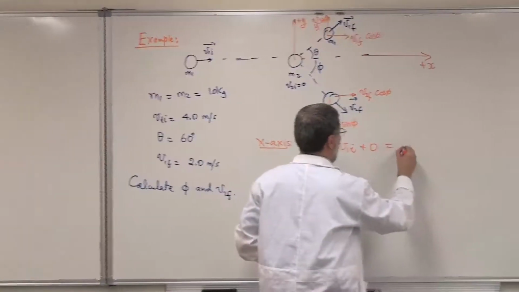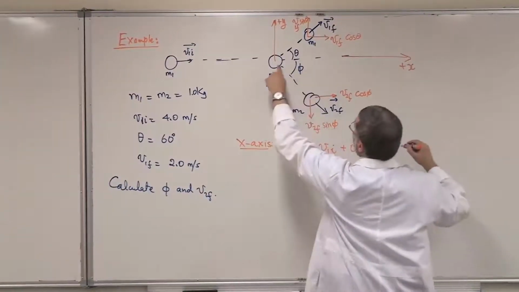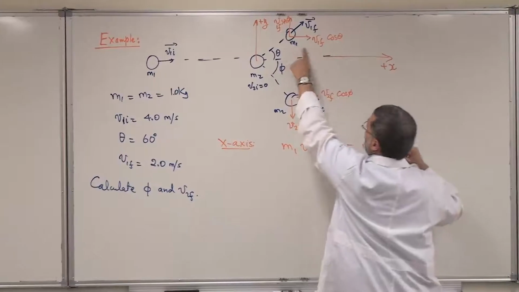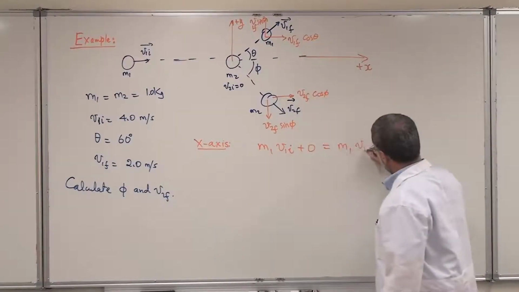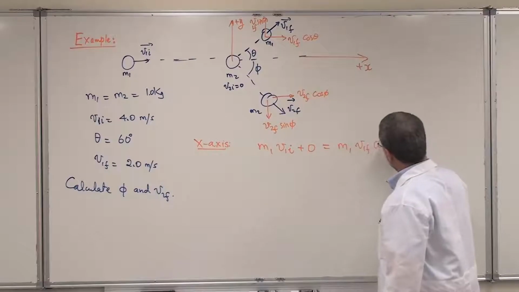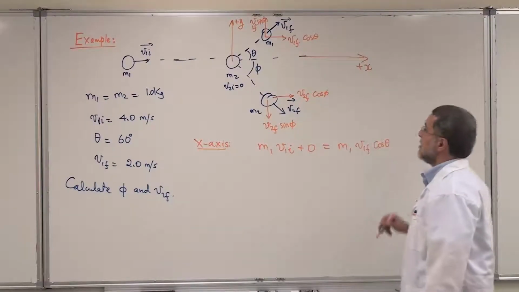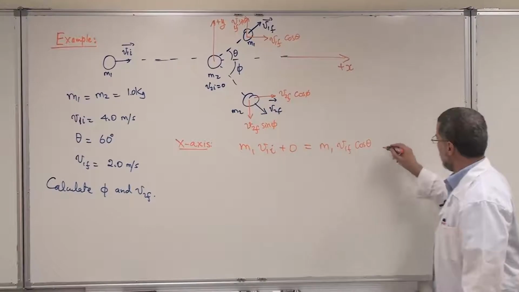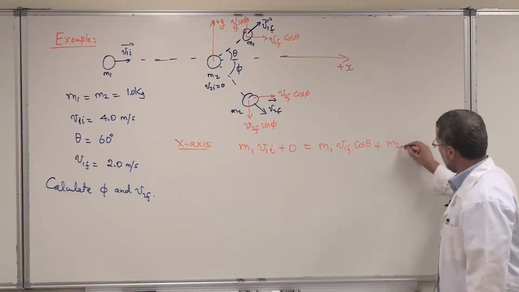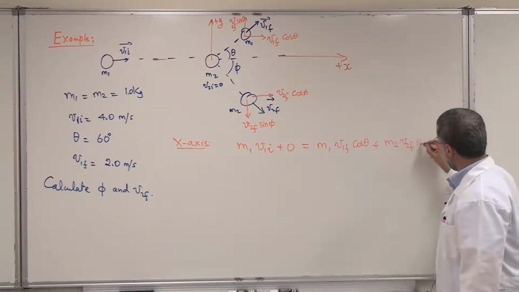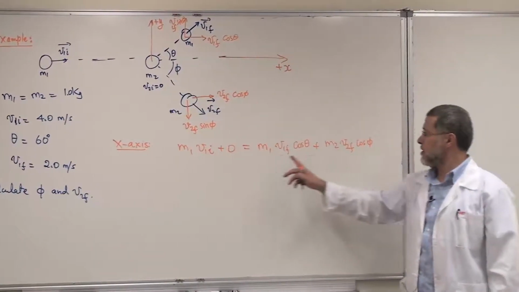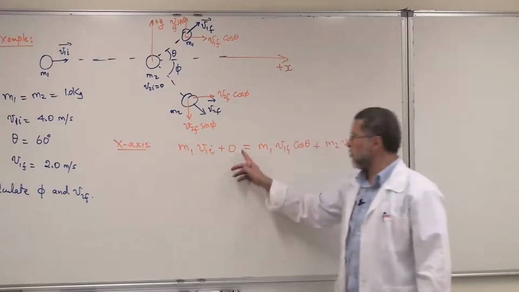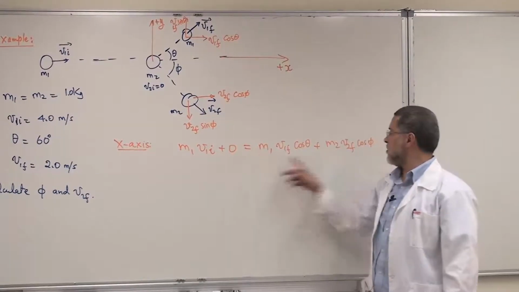That equals m1 v1 final cosine theta, plus m2 v2 final cosine phi. I hope you understand what is happening here. This is the linear momentum before collision, and this is after the collision.